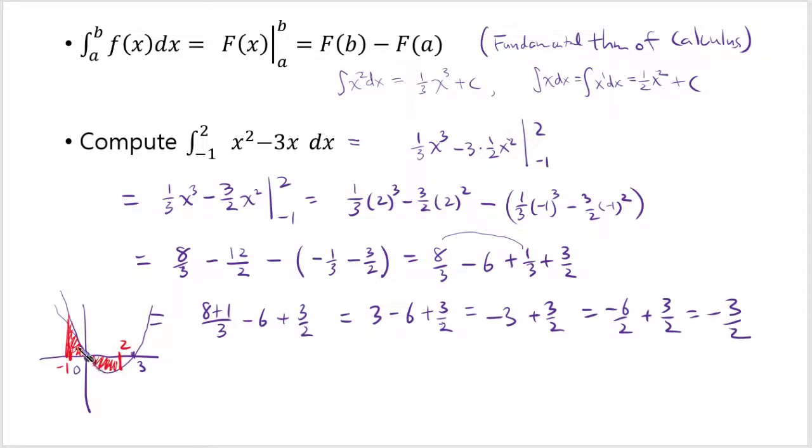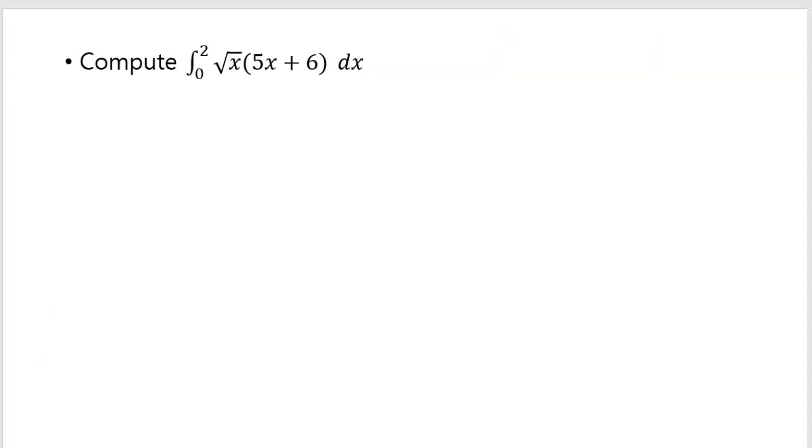Because you have something bigger subtracted from something positive, the answer should end up with -3/2. So it kind of makes sense. Now let's just do one more example just to make sure that we know what we're doing. Now here's the next question.